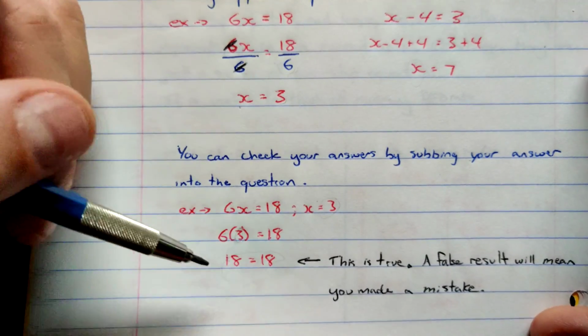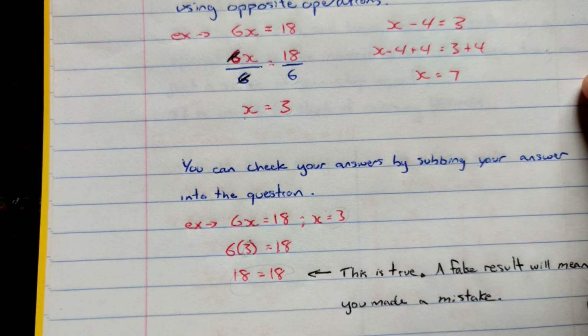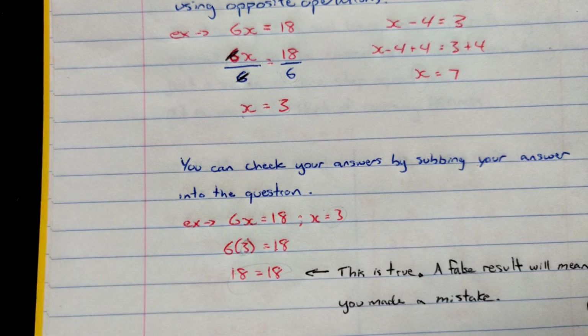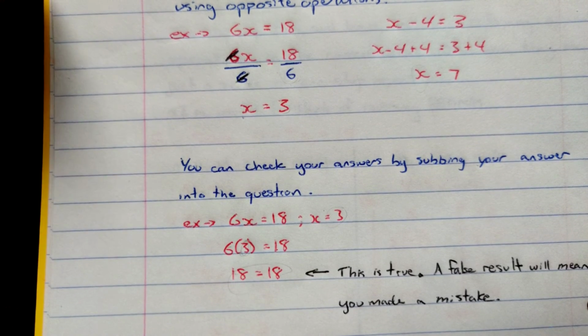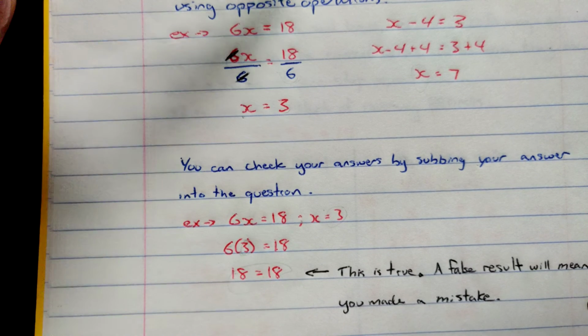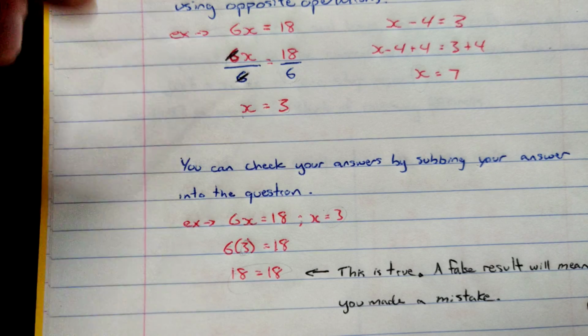So 6 times 3 is 18. 18 equals 18. That's true. That means we got the right answer. If we got something false, like 17 equals 18, then we know we made a mistake. And we can go back and try and fix that. So you can check all your answers and determine if you've got everything right when you're doing equations. And once you've found that letter, you can sub it in and see if it matches the opposite side.